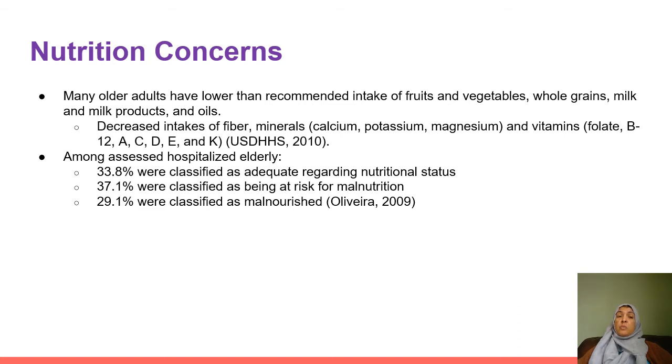According to a study, 29.1% of hospitalized elderly patients were classified as malnourished. This means that these patients are not meeting their nutritional needs. They are already sick in a hospital, and being malnourished and on a very low calorie diet with all the mineral deficiencies is going to significantly impact their outcome and their recovery time.